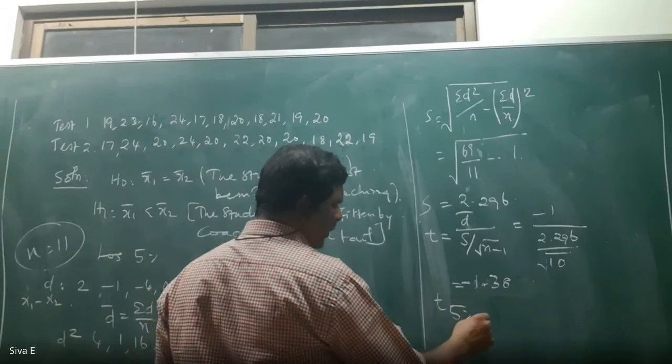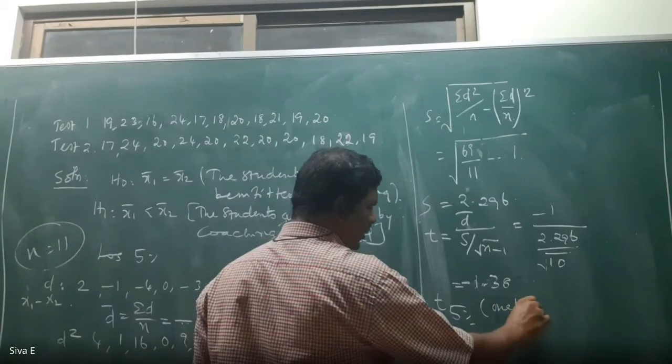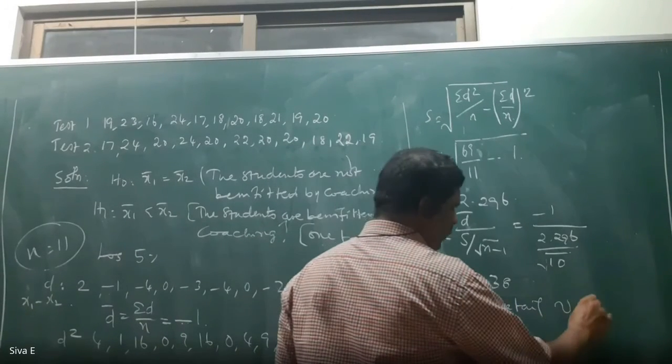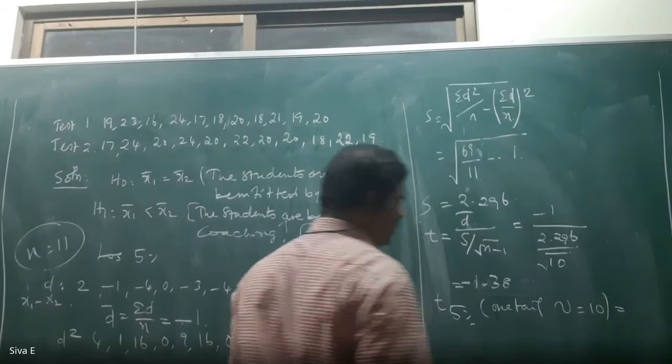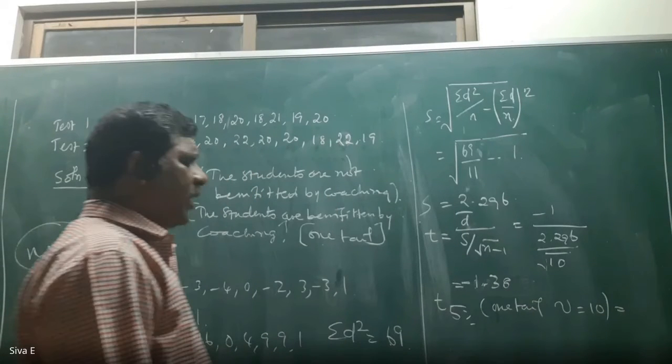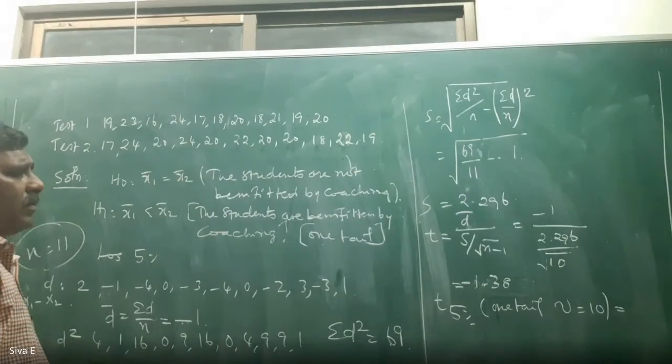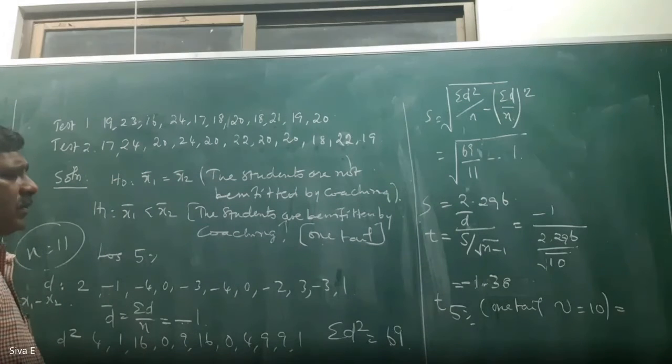T 5% for one tail test for nu equal to 10. Actually here n minus 1. Please don't take n1 plus n2 minus 2. Nu equal to n minus 1. So what is the value of this? 0.7.